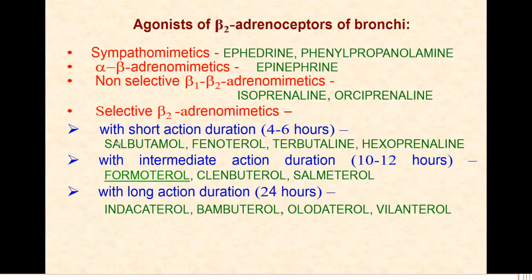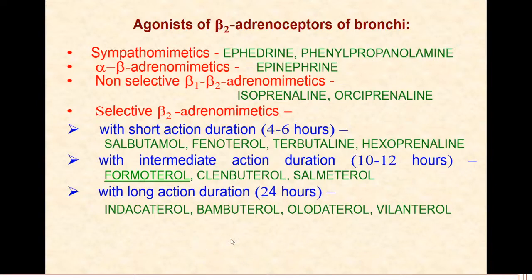We should know that selectivity of beta-2 adrenergic receptors is relative. In therapeutic doses, yes, they are selective beta-2 adrenomimetics. But in high doses, they also can stimulate the heart. That's why it's necessary to control dosing very thoroughly.